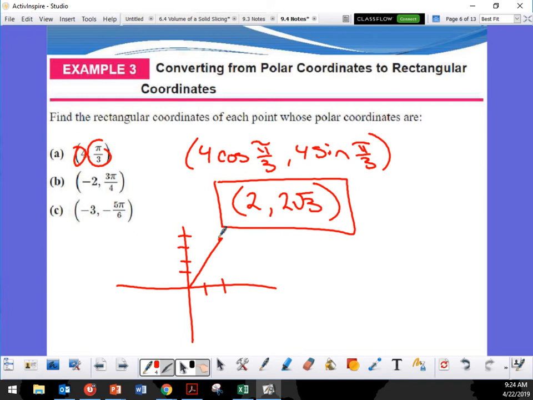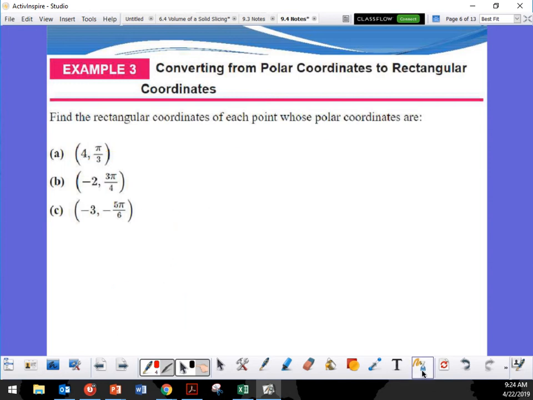That's what that means. So right here, this angle is going to be pi over 3, and the length of this arm right here is going to be 4. So rectangular and polar are the same spot. It's just a different way to show it. Does that make sense? All right, let's try the next one then. Actually, I want to see you guys try the next one. You guys try this one.